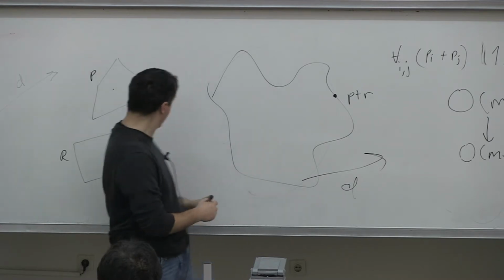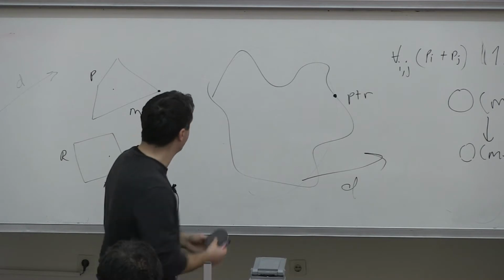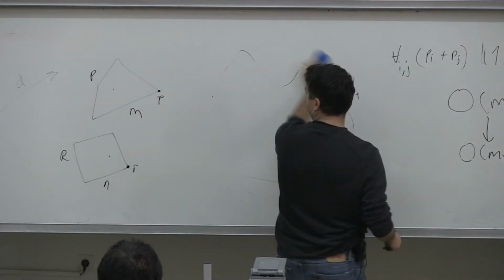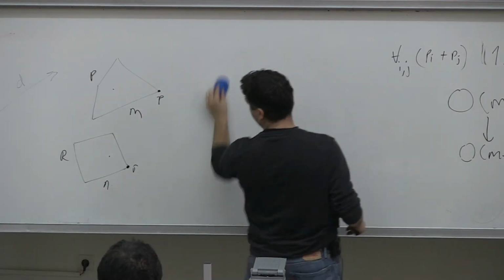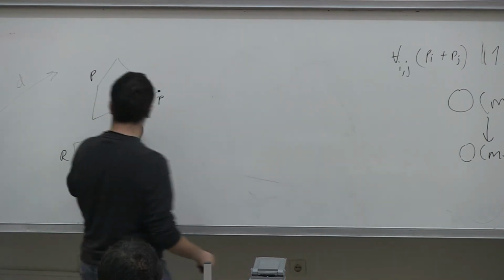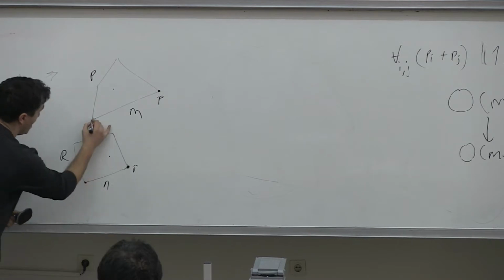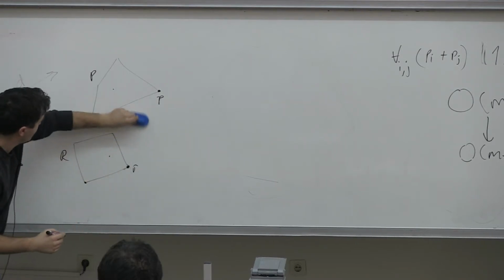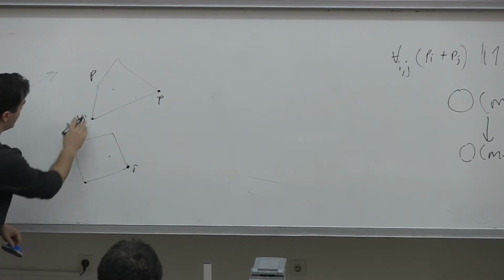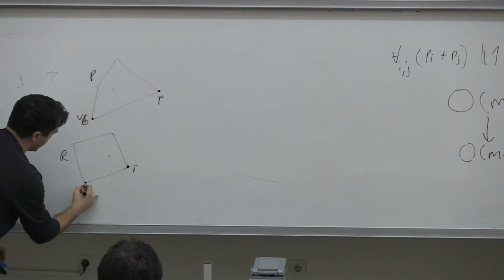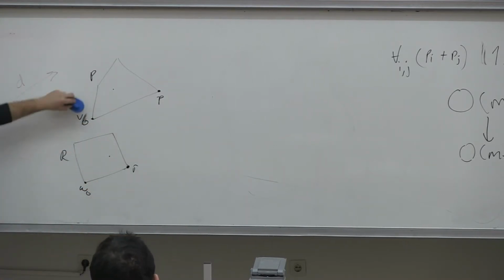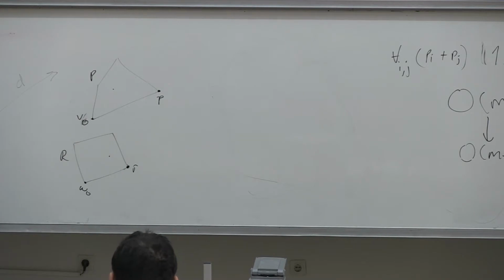Let me just draw it on the board and try to do it on these polygons, for example. Let me name this V0, and this is W0, the lowermost vertices.